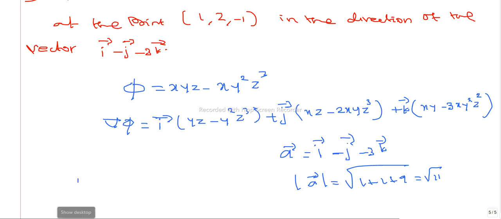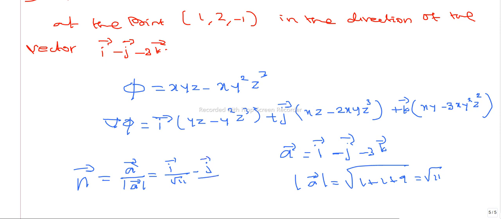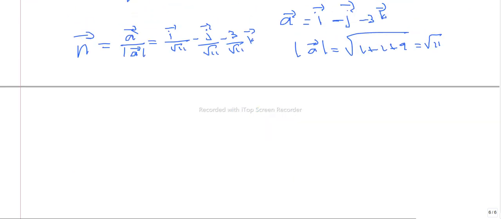So we get a new vector n. We can write n vector as a vector divided by the modulus of a vector. That is i vector by square root of 11 minus j vector by square root of 11 minus 3 by square root of 11 into k vector. Now if you find the magnitude of n, that should be 1. Let us check.